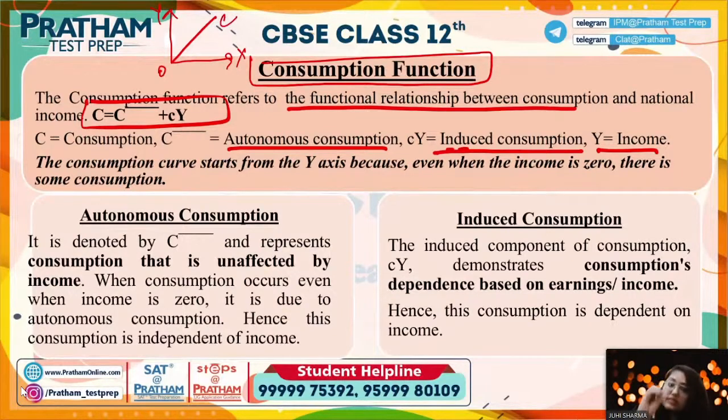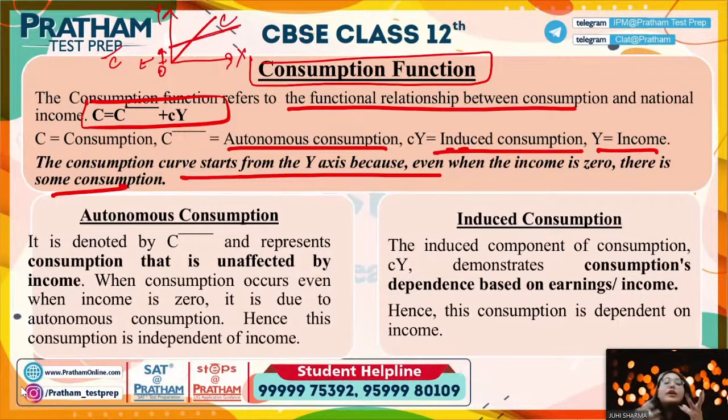Because consumption can never ever be zero, right? So we always start making the consumption curve from the y-axis, and this small portion of consumption is known as the autonomous consumption, okay? So that is what this particular line is all about, that the consumption curve starts from the y-axis, that even if the income is zero, there will be some sort of consumption, and that will be the autonomous consumption.